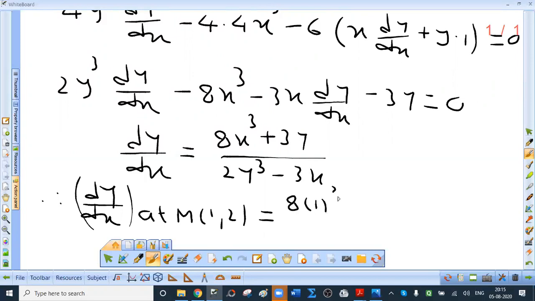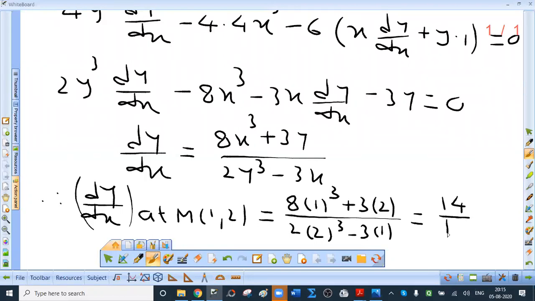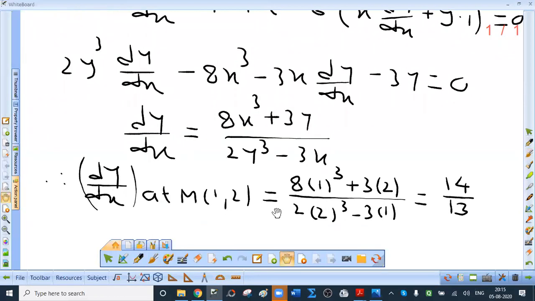So 8 into 1 cube plus 3 into 2, divided by 2 into 2 cube minus 3 into 1. Now tell me, it is what? 8 plus 6, that is 14, upon 16 minus 3. Okay, so 14 upon 13, this is slope of tangent.